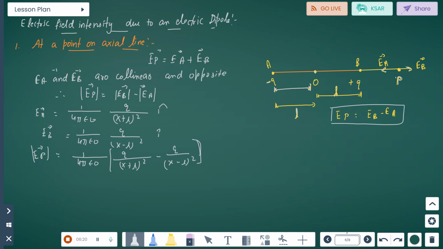Sorry, x minus L, Q divided by (x minus L) square and (x plus L) square.